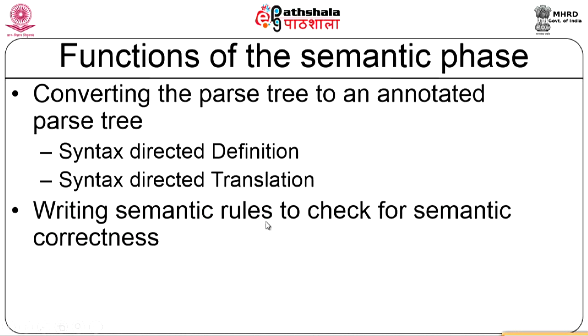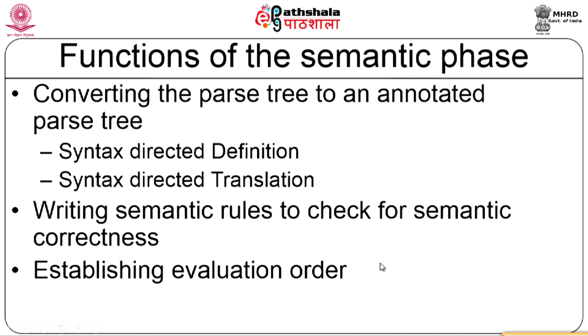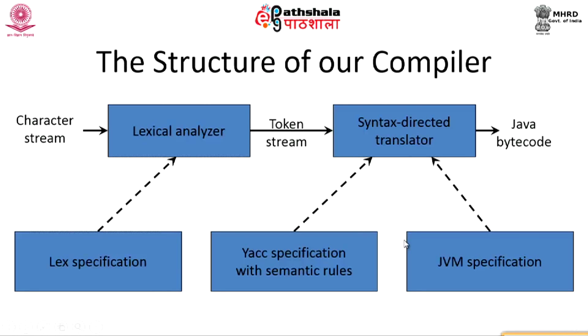You will be doing this by writing semantic rules for every programming construct. You will also be establishing the evaluation order of a particular grammar construct, and you will also be doing type checking. So, these 4 things are mandatory for the semantic phase of the compiler.